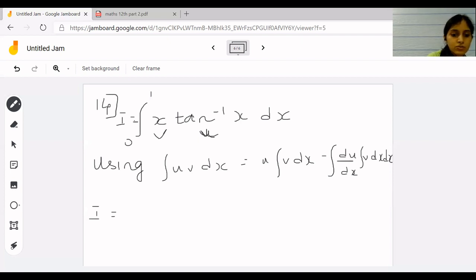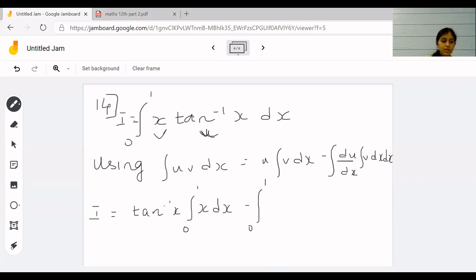So u is tan inverse x, integral 0 to 1 x dx. This is your first term.